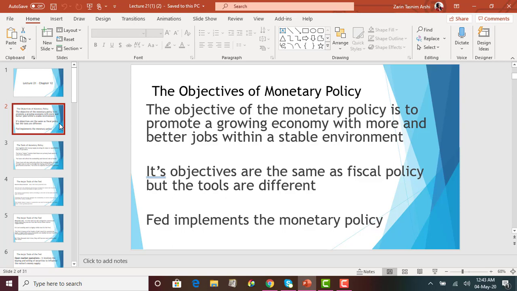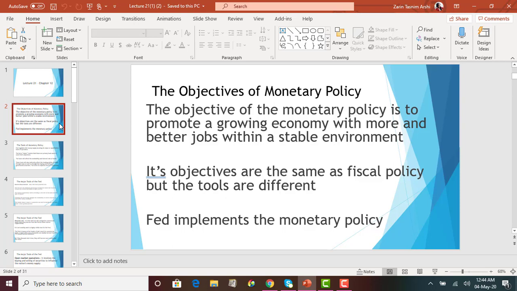Fiscal policy uses tools such as increasing or decreasing taxes, or increasing or decreasing government expenditures, in order to control the economy, bring economic growth, or reduce inflation. In the same way, monetary policy has different tools with which we can control the money supply and thereby economic growth. We're going to learn about those tools shortly.